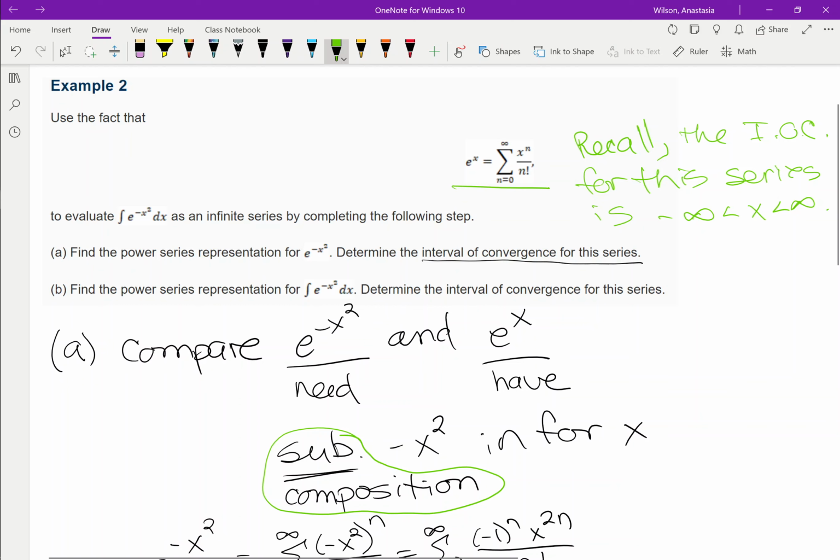Well, notice in this case, we don't have endpoints to our interval because the interval is infinite. So if we don't have endpoints, those can't change. Everything else has to stay the same.